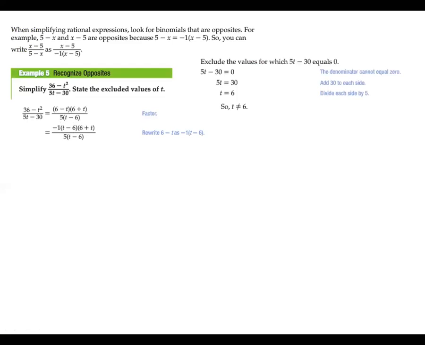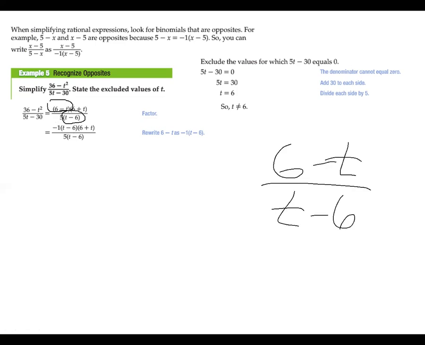Notice that 6 minus t and t minus 6 are opposites. Okay? One is a positive 6 and a minus t. The other one's a positive t and a minus 6. So I can write the 6 minus t in the numerator as -1 times t minus 6. Another way to think about it is that if you truly have opposites like this, they will cancel to a -1.